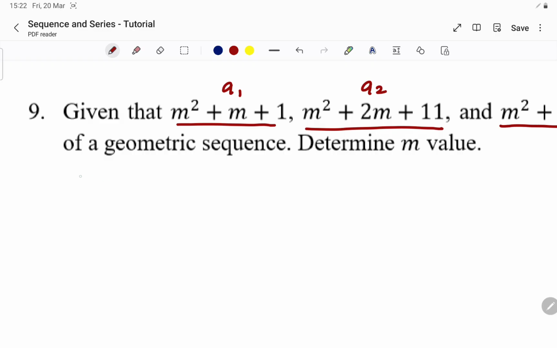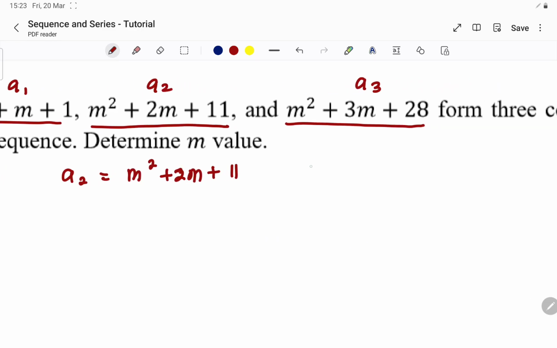They say a1 is m squared plus m plus 1, a2 is equal to m squared plus 2m plus 11, a3 is equal to m squared plus 3m plus 28.